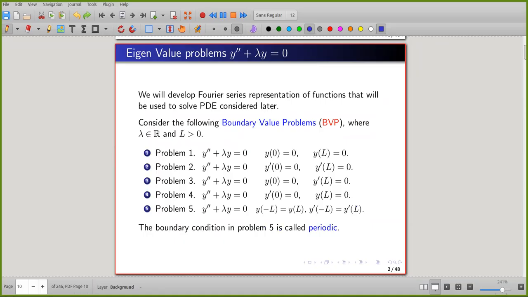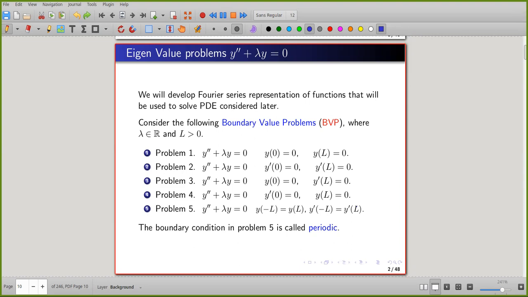The boundary condition in problem 5 is called the periodic boundary condition. As we will see immediately, solutions of problem 5 are simply periodic functions with period 2L.